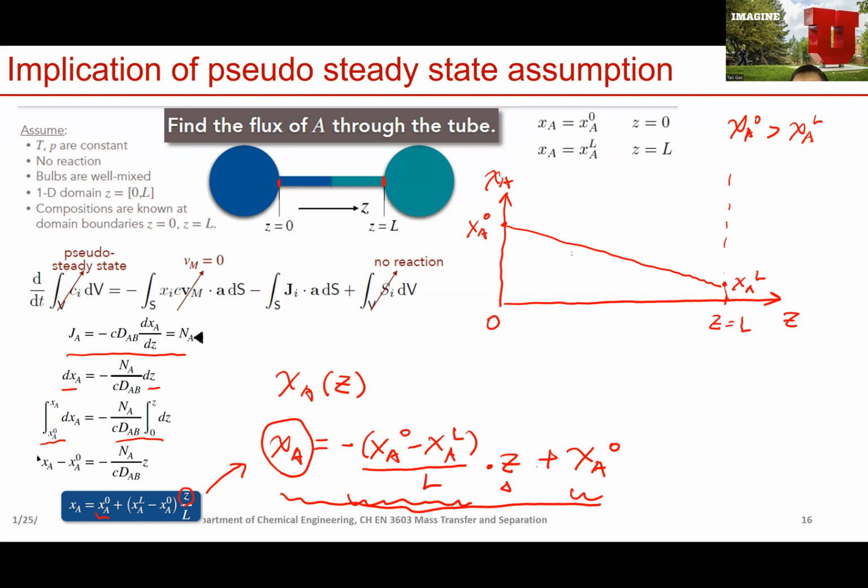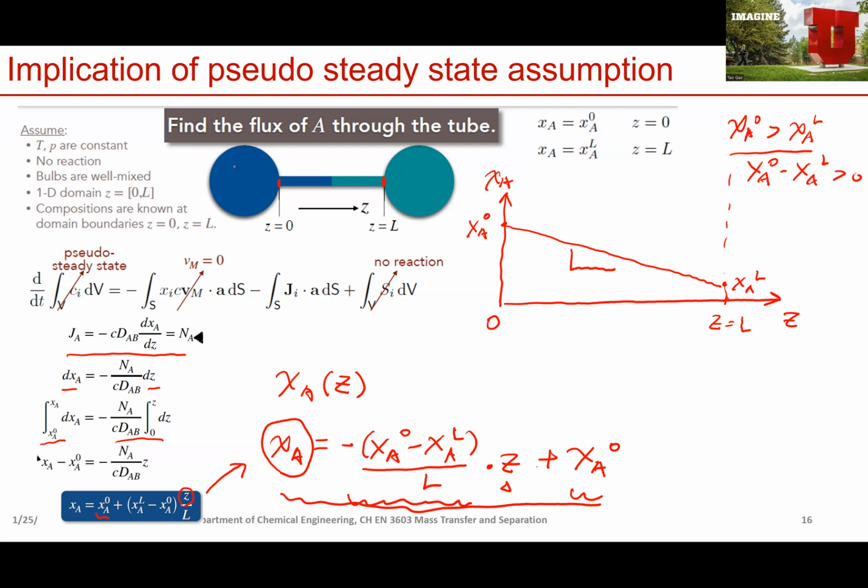Then the slope of this is a line with negative slope, because we know XA0 is larger than XAL. That's our assumption. So XA0 minus XAL is going to be positive. Then the slope here, because we have a negative sign, is going to be negative. That's why it's a line going down, and that's consistent with our intuition, because initially we assume XA0 is larger than XAL.